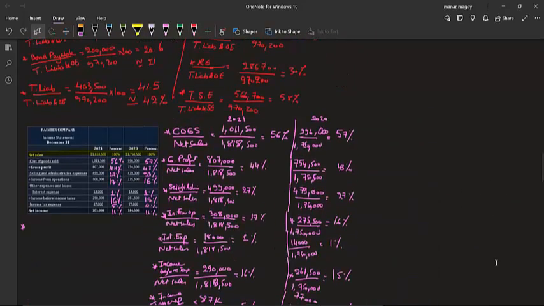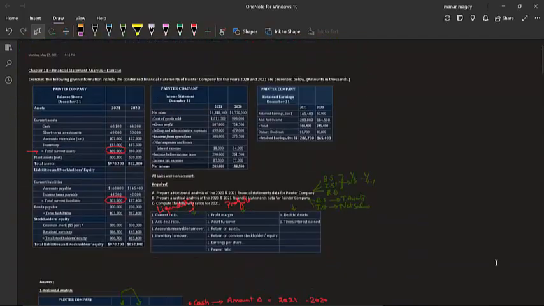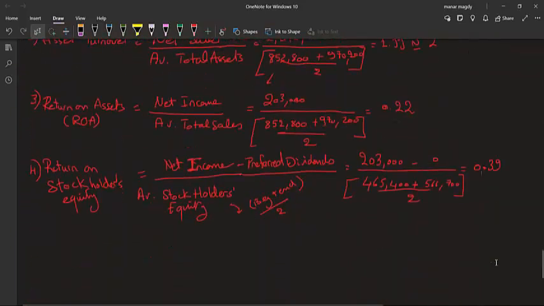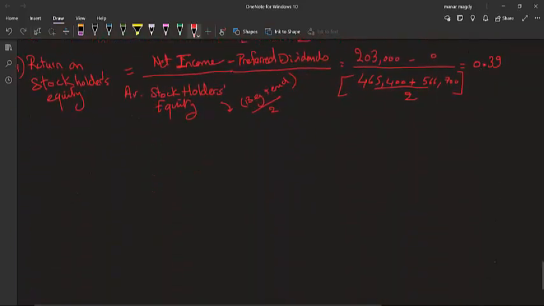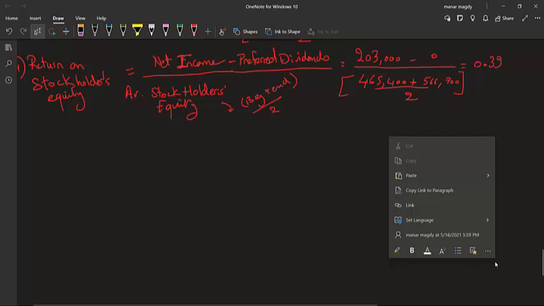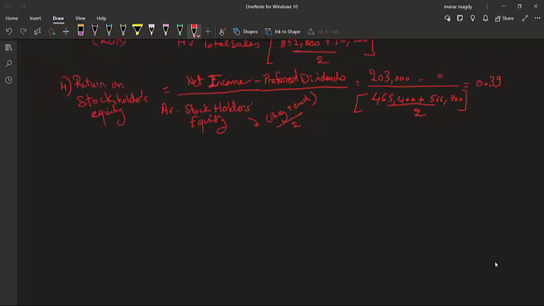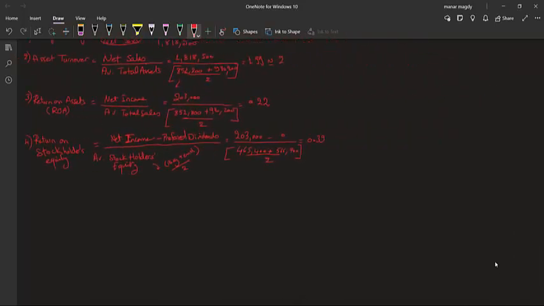The next requirement is earnings per share, or EPS.